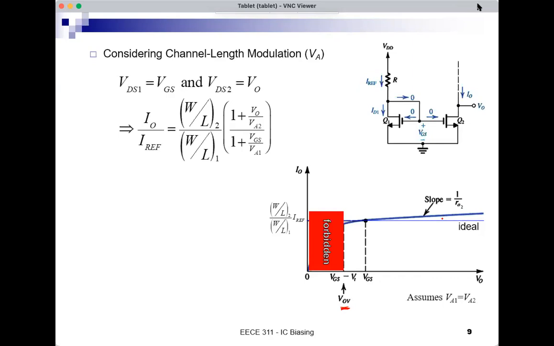So let's see, how can we measure the slope? One way to measure the slope is actually to compute the output resistance of the circuit, which is delta VO over delta IO. The slope really is delta Y over delta X, that's delta IO over delta VO. But we don't find it directly.